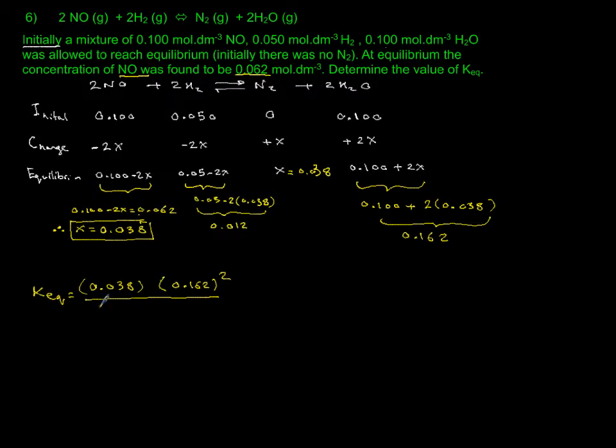That's the equilibrium concentration of NO. So 0.062 squared multiplied by the equilibrium concentration of hydrogen squared, which is 0.012 squared. And when you work it out, you will get 1801.6. K equilibrium is much larger than 1, and you are product favored at this stage.